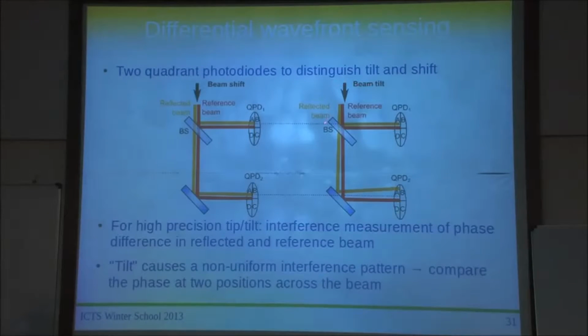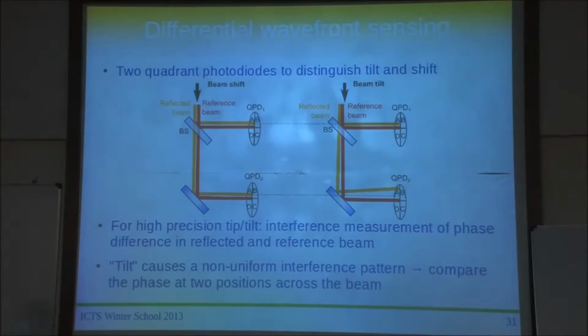That's the situation where the beam is tilted. Then it's really hard to tell what's going on, right? In both cases, this reflected yellow beam is moved to the upper 2 quadrants, and you can't distinguish that. But if you have another photodiode, then you would be able to tell what's going on.